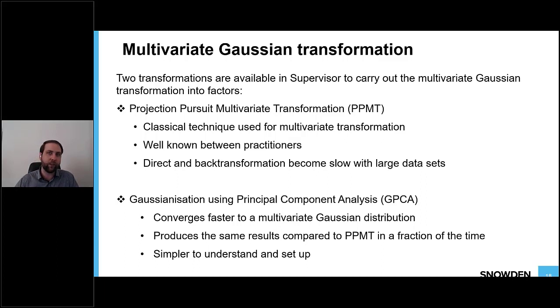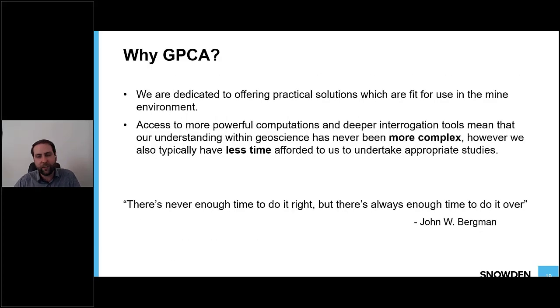Most importantly, not only does it run faster than PPMT, making it a more practical solution, but it also ends up with some much more robust results. It doesn't happen often, but in this case, with this process, you end up with a win-win. So let's have a bit more of a look at that.